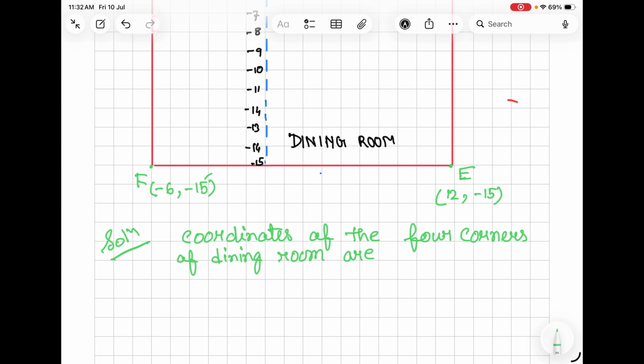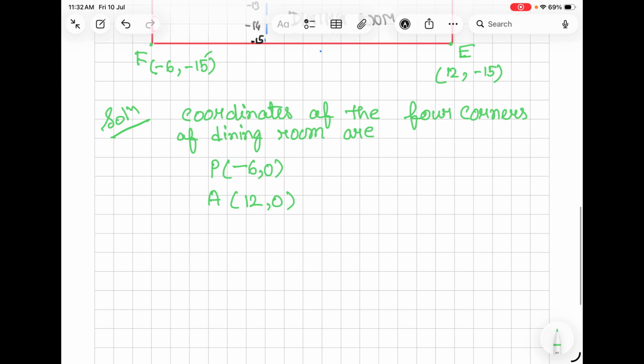They are P -6, 0, A 12, 0, E 12, -15, F -6, -15. This is the first part of question 4.